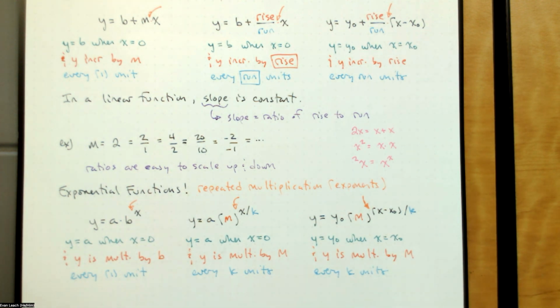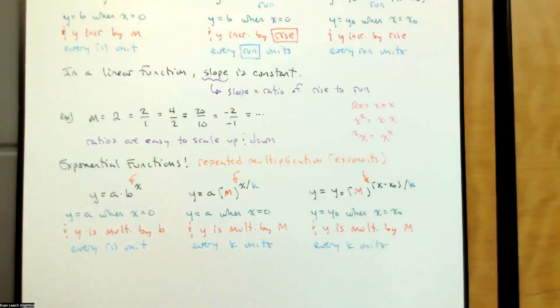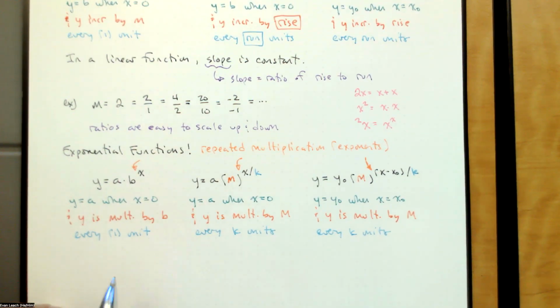Okay, so notice we're multiplying at different intervals, if I want to trade m to the x over k.